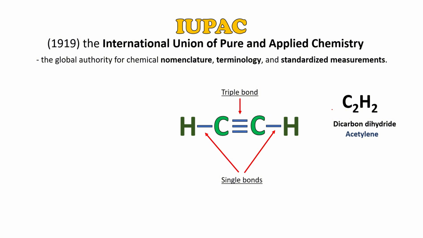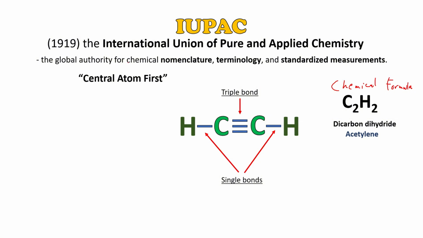And one of the rules that we need to follow from IUPAC is the central atom first. What does this mean? If we're writing the chemical formula such as C2H2, it is agreed upon by IUPAC that you need to write the central atom first before the other elements.